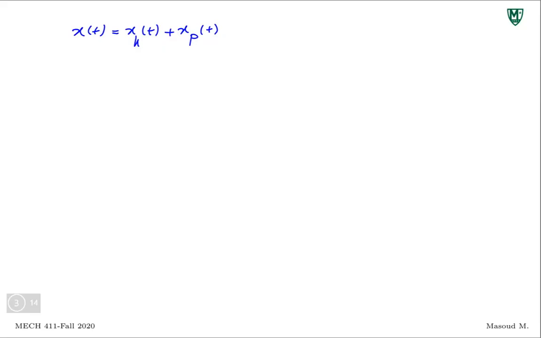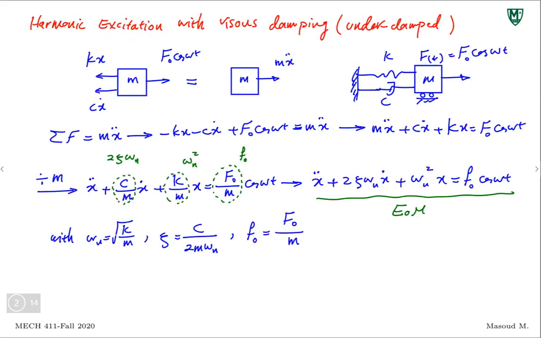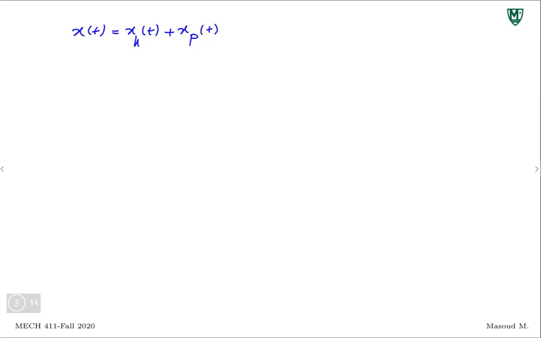Right? If I get rid of what is on the right side, imagine that there is no F naught cosine omega t. This would be m x double dot plus c x dot plus k x equals 0. And this is a spring mass damper system. So we actually know the general form of the solution for the homogeneous part, meaning we just ignore the part that makes this differential equation non-homogeneous.